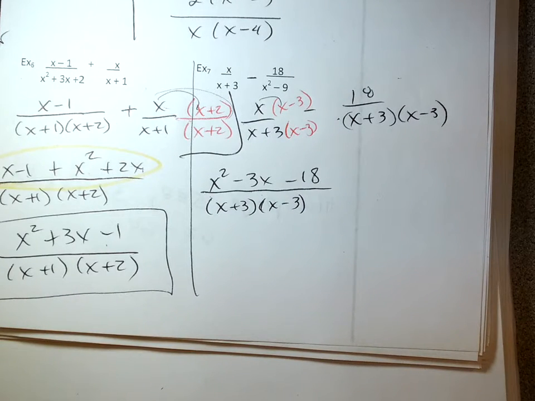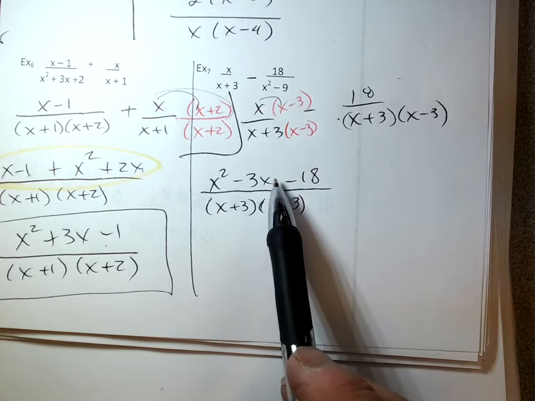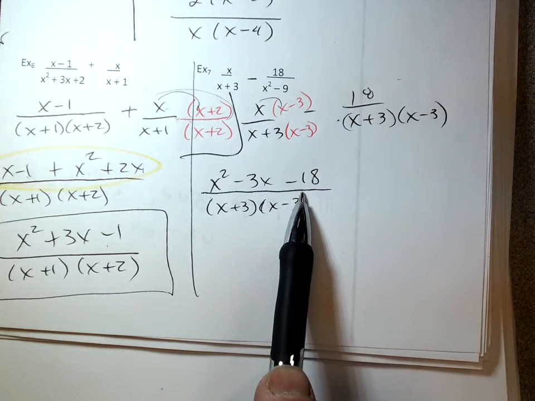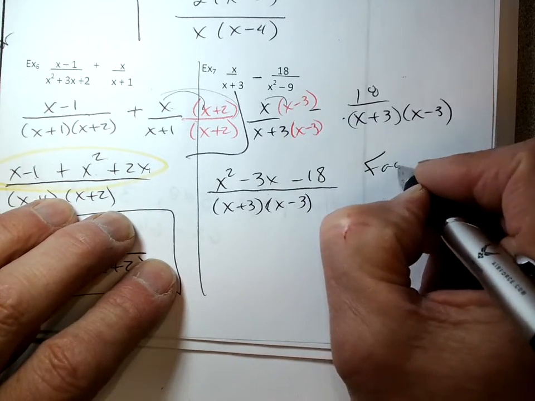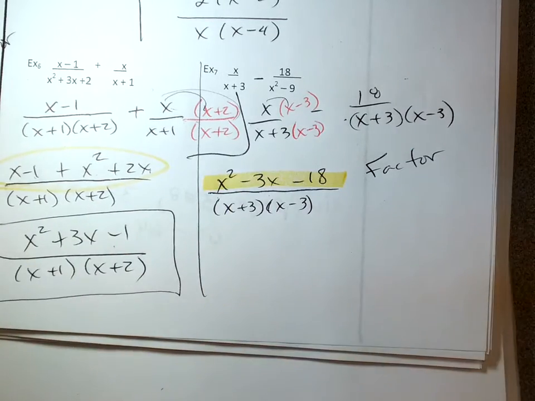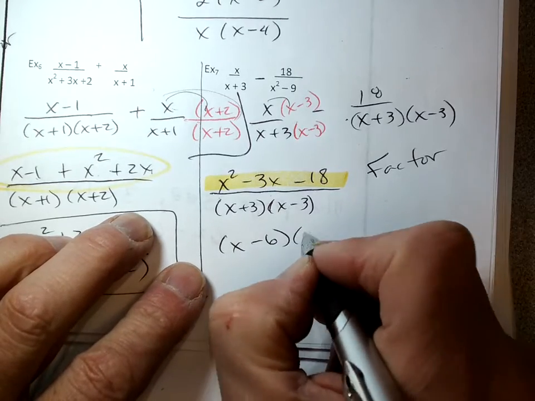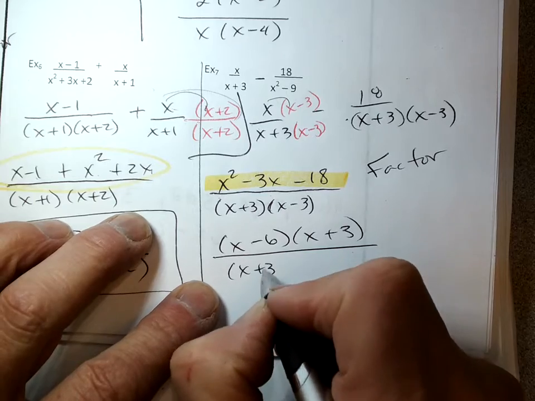Okay, I think I can do something with this. I think for a change I can go a step further. I think I can probably reduce. Does the numerator factor? It does, right? You guys agree the numerator will factor? How about a negative 6, positive 3? So let's factor the numerator and rewrite this as x minus 6, x plus 3 over x plus 3, x minus 3.